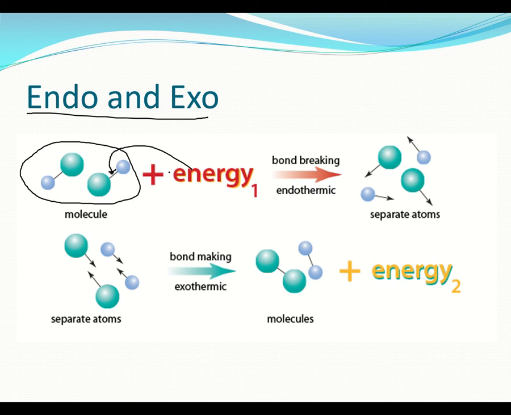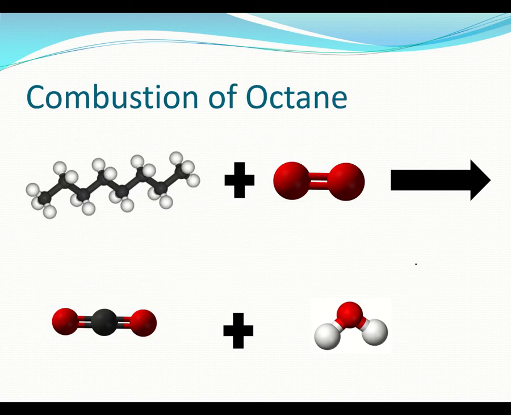So bond breaking requires energy, and it makes them into free atoms. If you want to make new bonds, well, that's going to give off energy. So these guys are a lot more energetic, so if you link them together, it's going to lower their energy, and it's going to give off that extra energy. So bond breaking takes in energy, bond making gives off energy. So this is the combustion of octane.